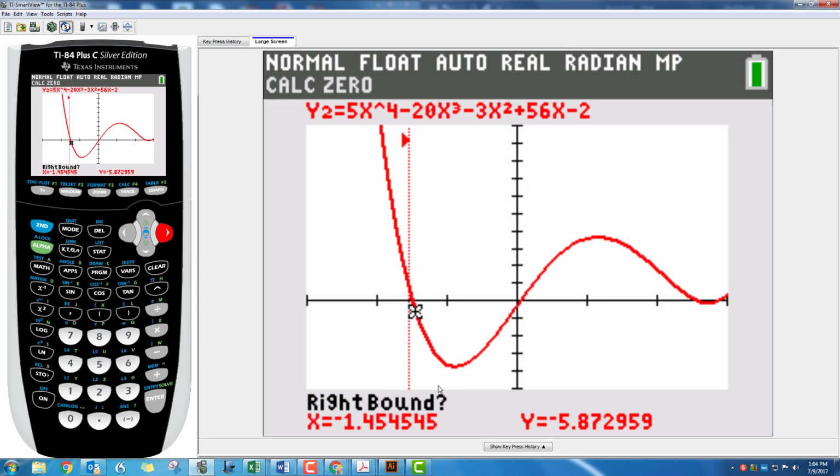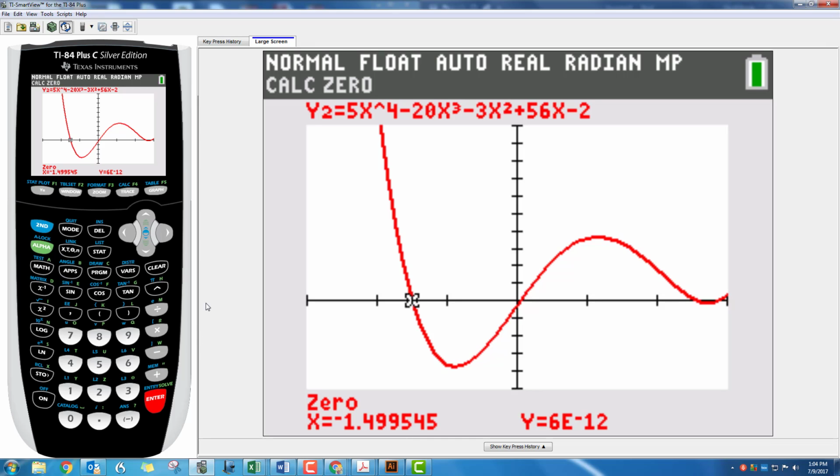Now we're on the right side of it. You press enter again, and it asks you to make a guess between those two values. The problem said round to 2 decimal places, so that zero would be negative 1.50 for the first one.